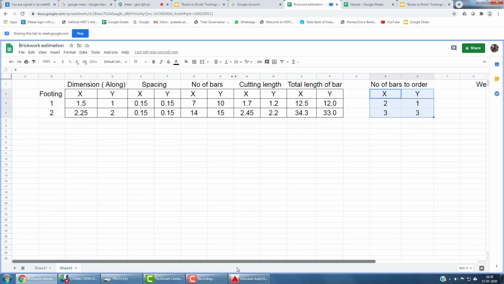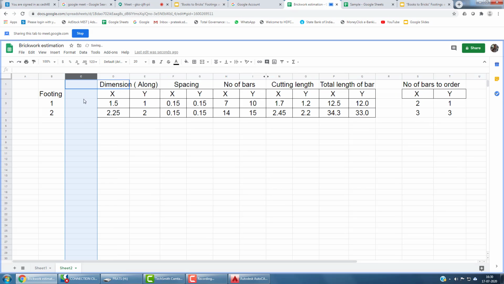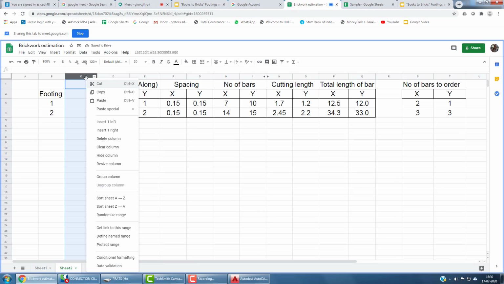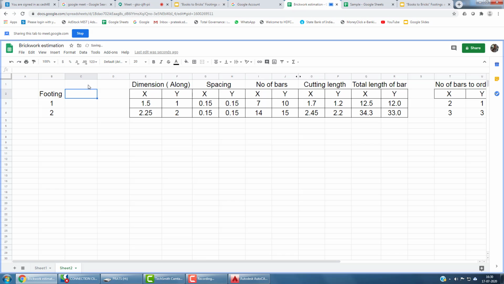Let us say we introduce diameter of bar here, separately for x and y direction. Let us say in x direction I am having 12 diameter bar, and in y direction I am having 10. Here let us say 12, 10 and 12.